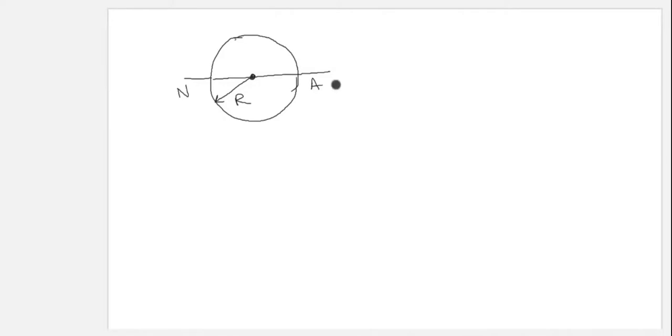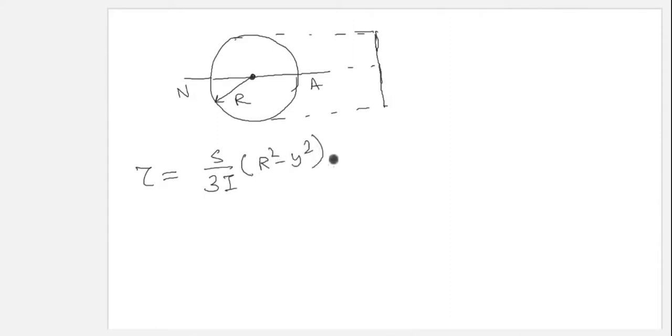This is the radius R. We want to draw the shear stress distribution along this height. What was the formula? Tau equals S by 3I into r square minus y square.